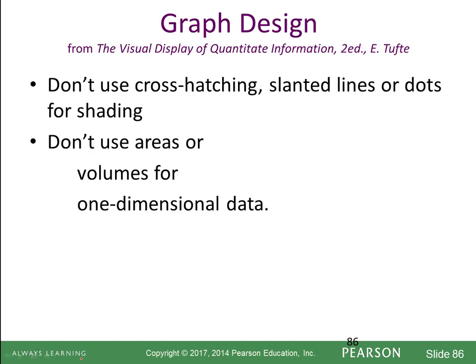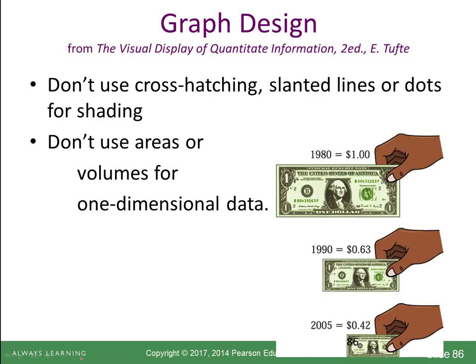Don't use cross-hatching, slanted lines or dots for shading, and don't use areas or volumes for one-dimensional data. Here's an example of that. Here we look at a $1980 and the value in 2005, and you can see, oh my gosh, it is tiny. But notice that we are looking at two dimensions. We are looking at area.